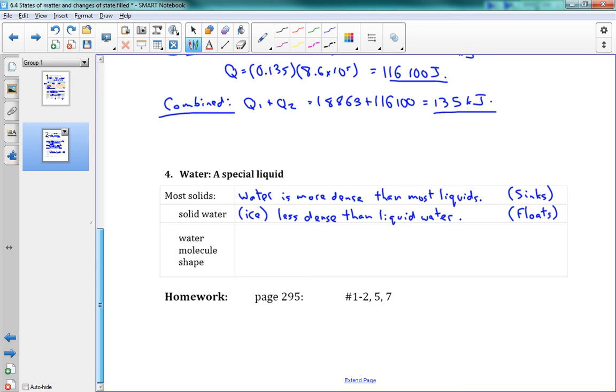Now, it is because of the molecular shape of water, because water has this neat sort of, well, sometimes looks like Mickey Mouse, but it has this neat shape where we have our two hydrogens and our oxygen. So that's an interesting thing for the liquids, but especially for the solids.